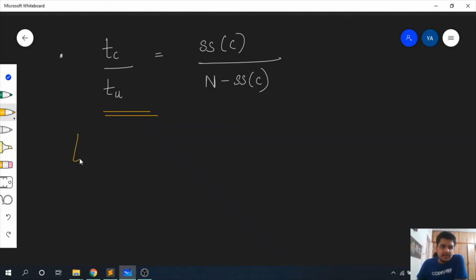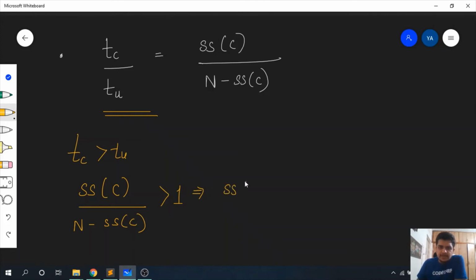Now let us consider that Tc is greater than Tu. So over here we can clearly see that Ss of C upon n minus Ss of C is greater than 1, which means that Ss of C is greater than n minus Ss of C, which in turn tells us that Ss of C is greater than n by 2, right?